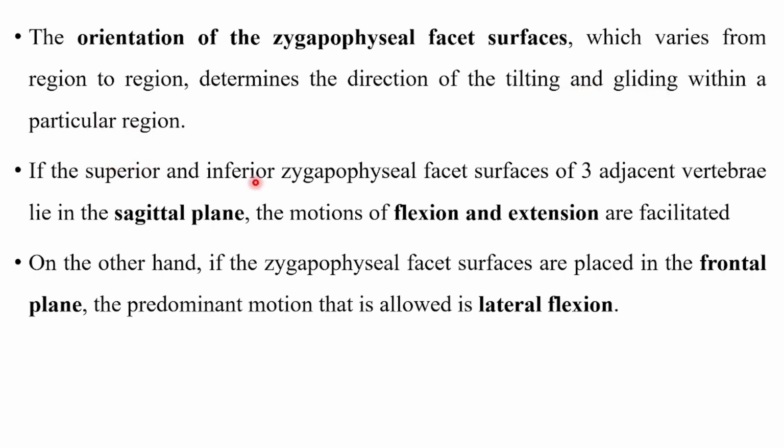If the superior and inferior facet surfaces of three adjacent vertebrae lie in the sagittal plane, the motions of flexion and extension are facilitated. On the other hand, if the facet surfaces are placed in the frontal plane, the predominant motion that is allowed is lateral flexion.